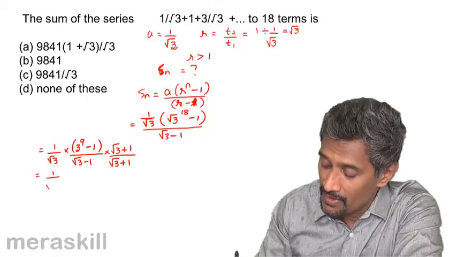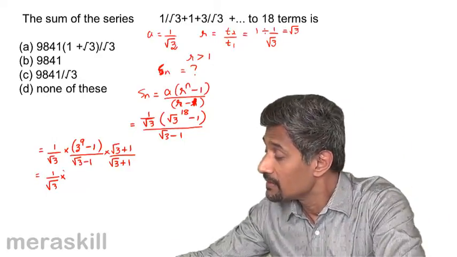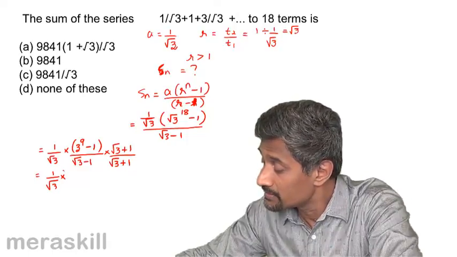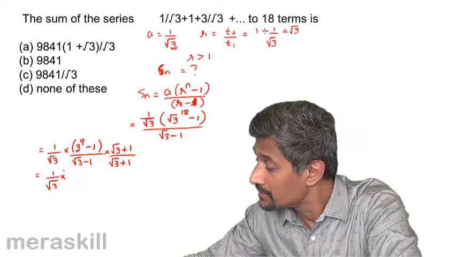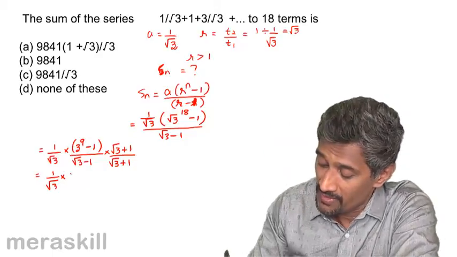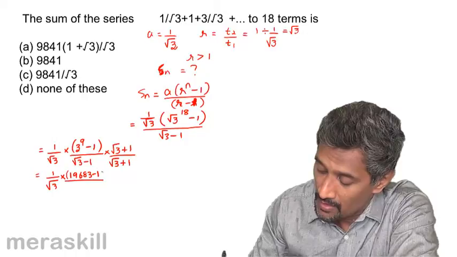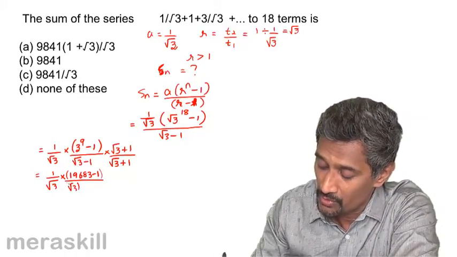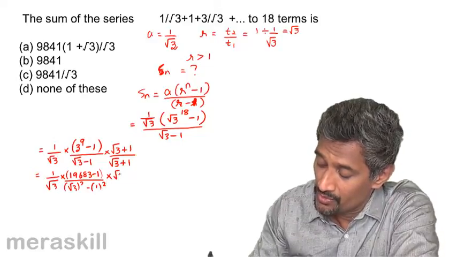This will now become 1 upon root 3 into 3 raised to 9, which turns out to be 19683 minus 1, upon root 3 minus 1 into root 3 plus 1, which is root 3 the whole square minus 1 the whole square, into root 3 plus 1.